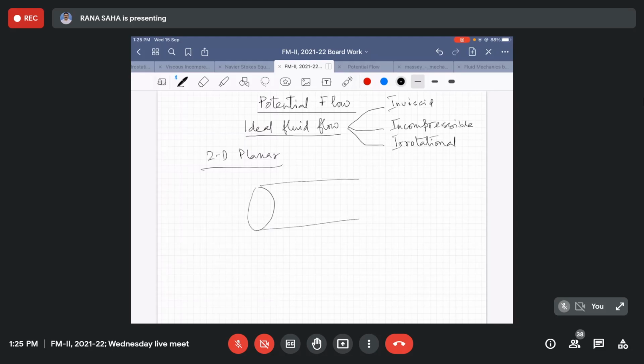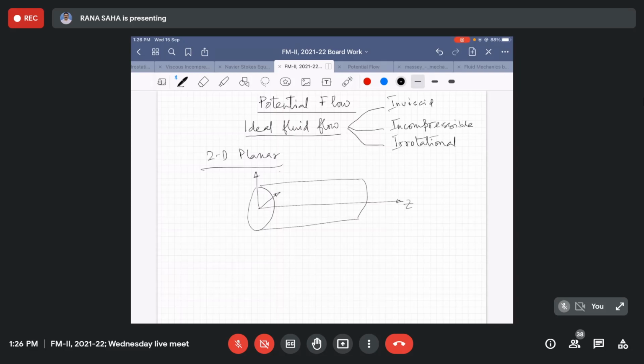Typically, this kind of ideal fluid flow is dealt as a 2D planar flow. Okay, that means if you have a conduit like this where fluid flow is occurring, this is the axis along which fluid flow is occurring, and you can have these 2 axes. So along these axes, if I say this as z axis, along these axes nothing is changing.